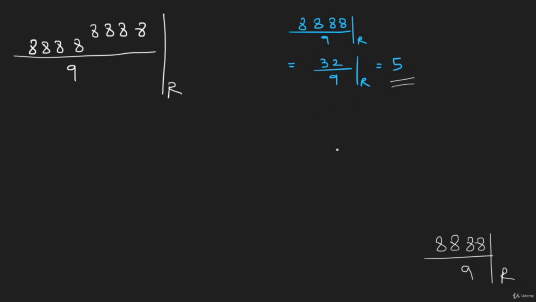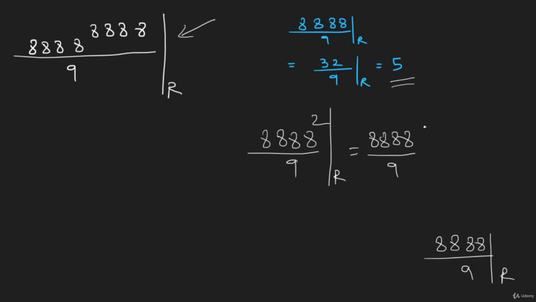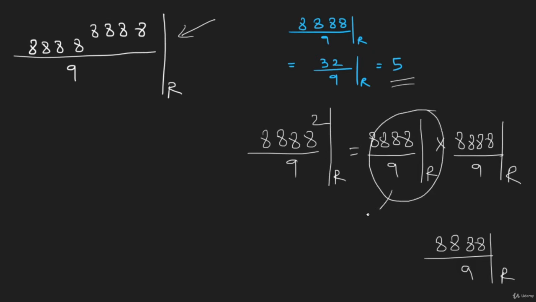Now as per the basic remainder theorem, let's try to rewrite this over here. Say it was just 8888 to the power 2 by 9, for example. As per the basic remainder theorem, we know that this is equal to 8888 by 9 remainder into 8888 by 9 remainder. Now over here we have seen this expression simplifies to 5, and this also simplifies to 5.